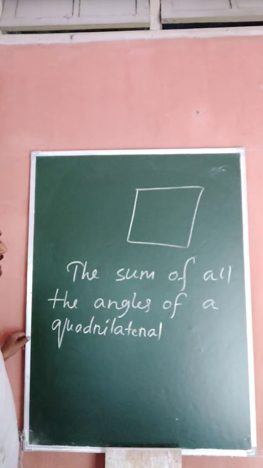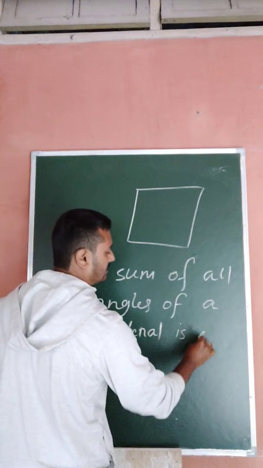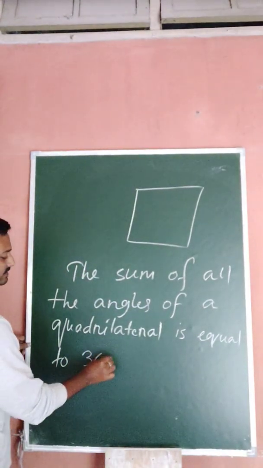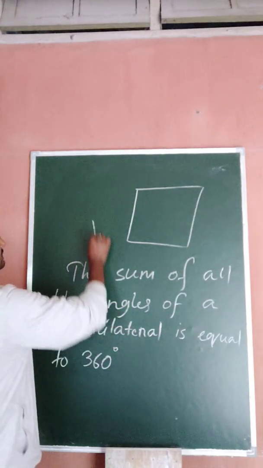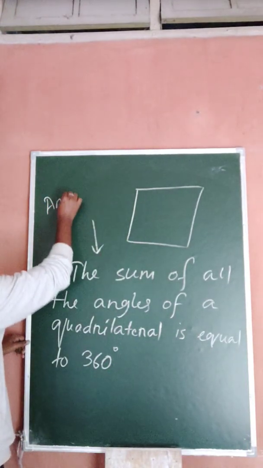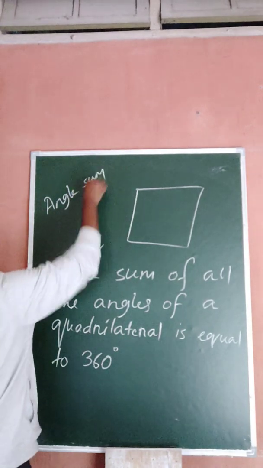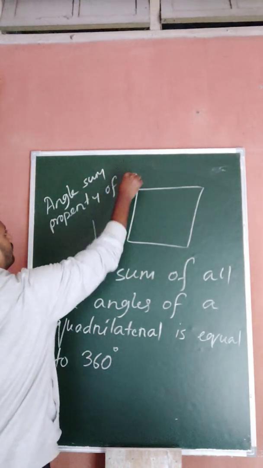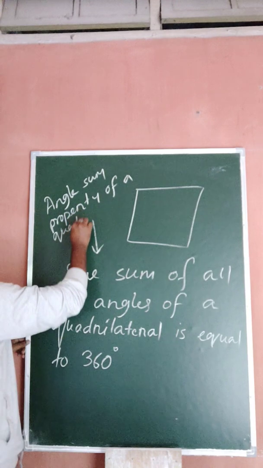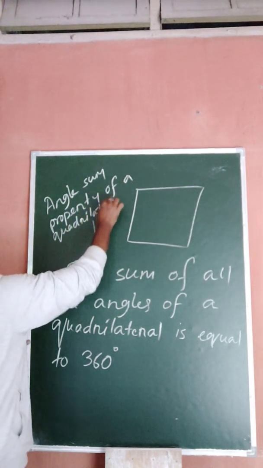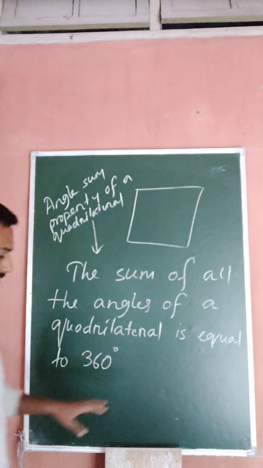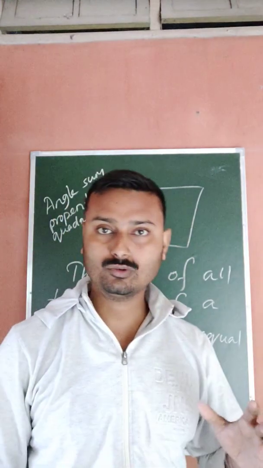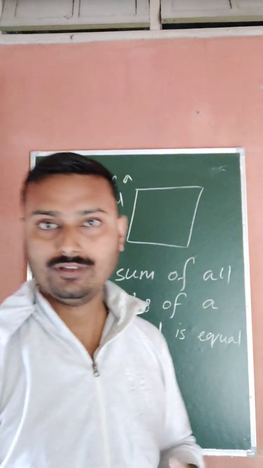The sum of all the angles of a quadrilateral is equal to 360 degrees, and this property is known as the angle sum property of a quadrilateral. In the case of a triangle, if the sum of all the angles is equal to 180 degrees, that property is known as the angle sum property of a triangle.